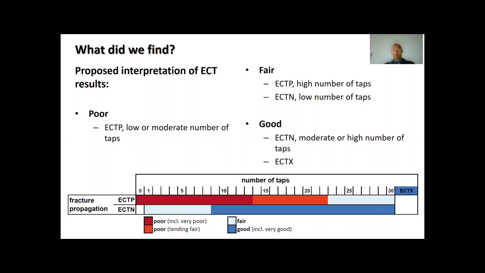A fair test result would then be an ECTP with a high number of taps, or a non-propagating ECT with a low number of taps. And finally, ECTs interpreted as good stability would be ECTNs in the moderate to high number of taps range, or ECTX.